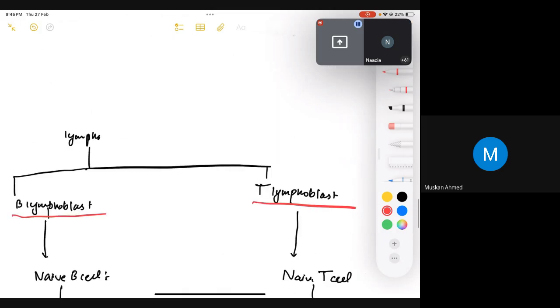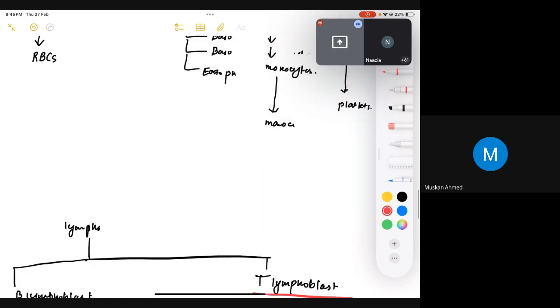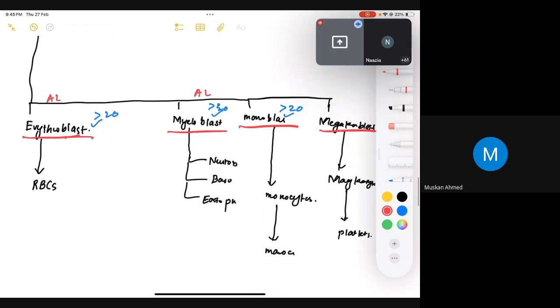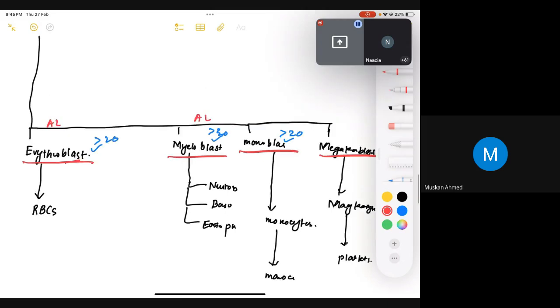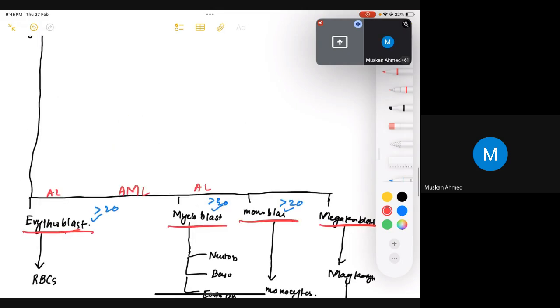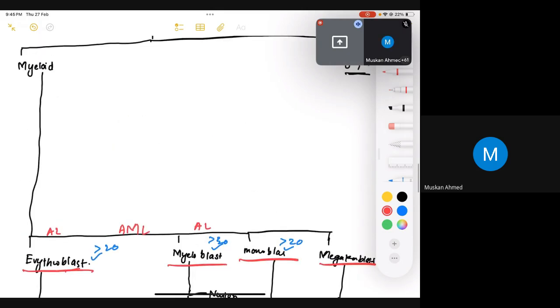So now let's differentiate the acute leukemias of both of these lineages. So acute leukemia, with increase of more than 20% blast cells in this lineage, we are going to call acute myelogenous leukemia, because myelogenous here means that the neoplastic proliferation of the blast which we are discussing is derived from myeloid lineage. Is that clear?